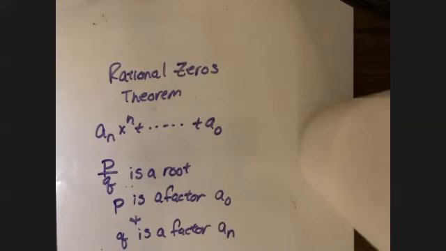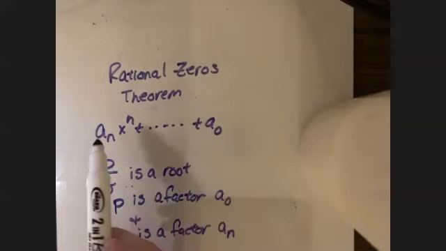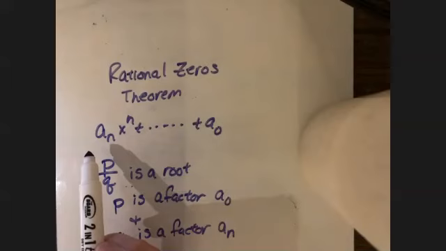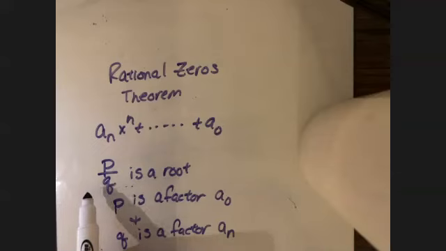What we do is we figure out what are all of my factors of a naught, what are all of my factors of a sub n, and then from those we create this list that says, look, if it's gonna be a fraction looking thing. Now, keep in mind whole numbers technically count, okay, because we could write it as 2/1, but again, we would reduce that.